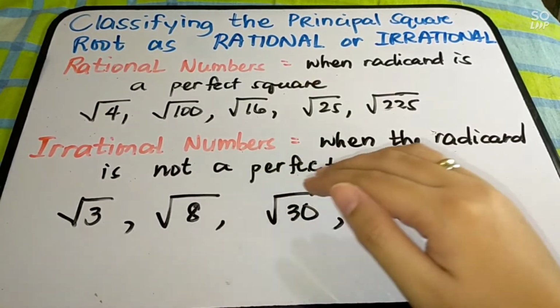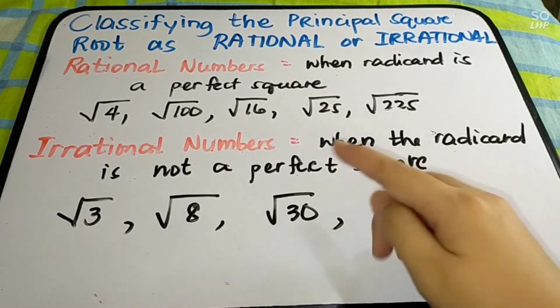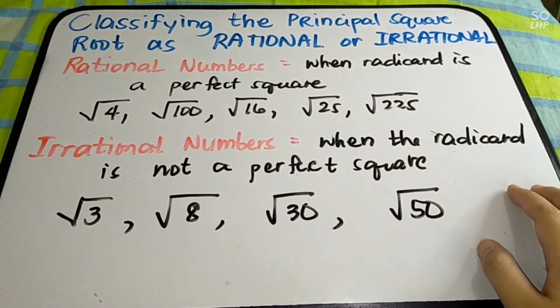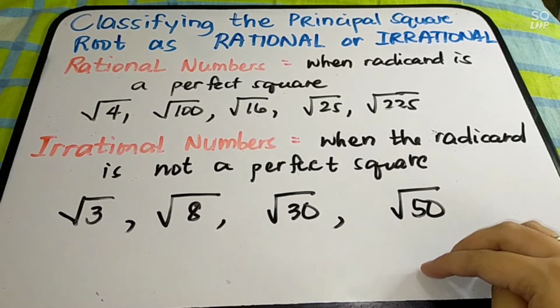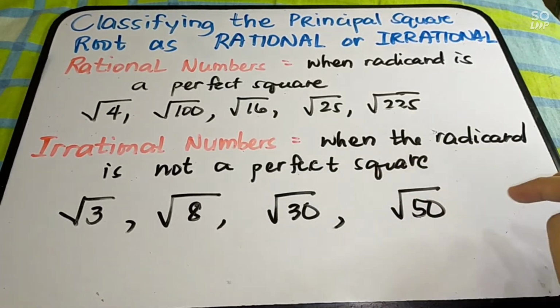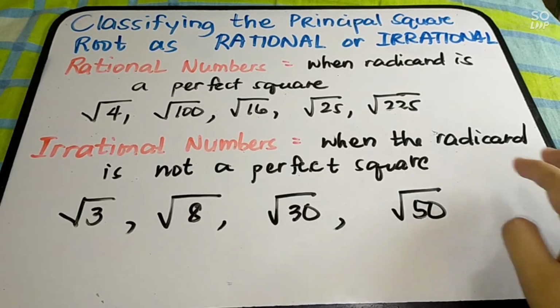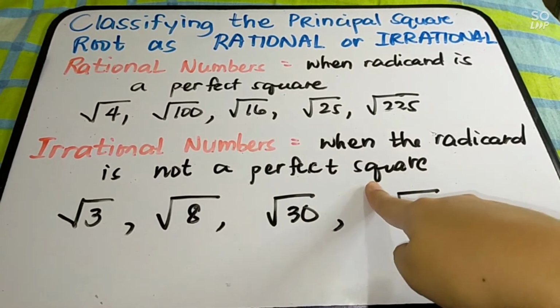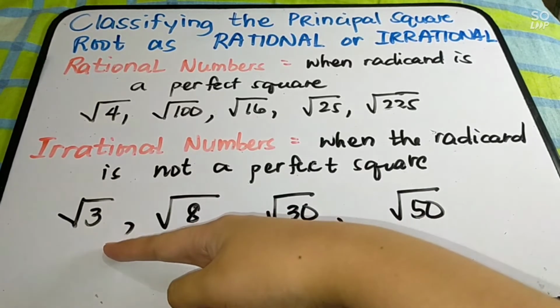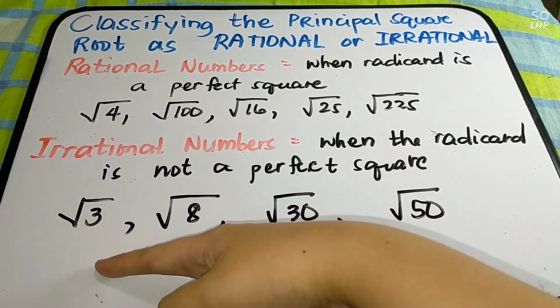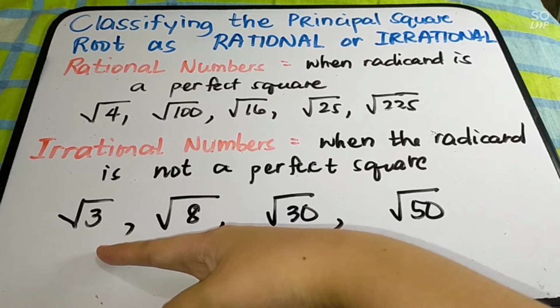While irrational numbers, the radicand is not a perfect square. Meaning, hindi eksaktong whole number ang makukuha mo kapag irrational numbers. Bakit? Kasi they are not perfect square. For example, sa square root of 3. Square root of 3 is not a perfect square, so you cannot find the whole number answer for the square root of 3.